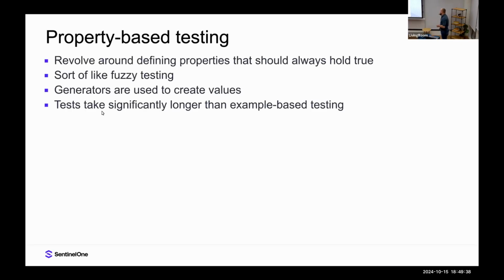All right, and the most interesting of this, in my opinion, is property-based testing. This is a fairly new concept in Go, and it revolves around defining properties of the function or method that you want to test. The methods have specific behavior that you expect of that function to have.